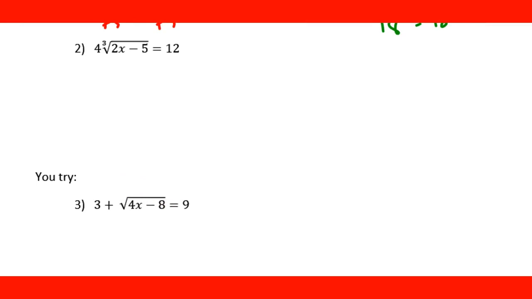Let's do one more example. Again, see the radical right here? This is in radical jail. So what we're going to do is divide by 4 first. Divide by 4 on both sides. Then you have the cube root of 2x minus 5 equals 3. And see how we have the cube root?